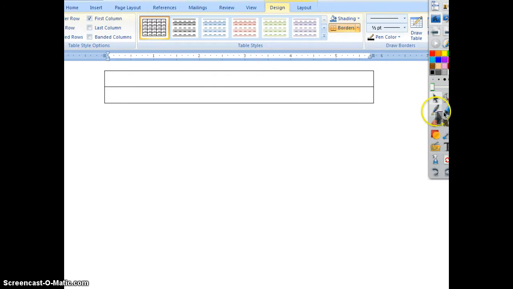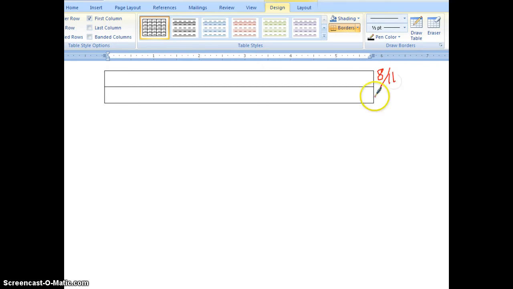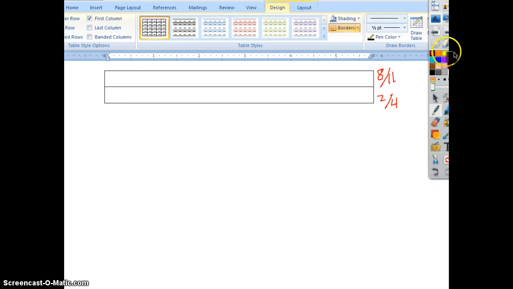This is my first time working on this, so please bear with me. So if I want this one to be 8/11, and then this one, I'm going to make it be 2/4. Now, I know that will reduce down to 1/2, but just for demonstration purposes, I'll leave it 2/4.